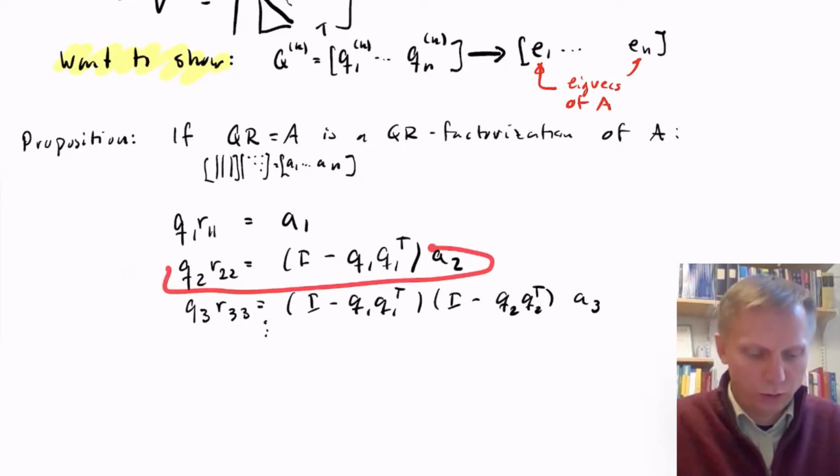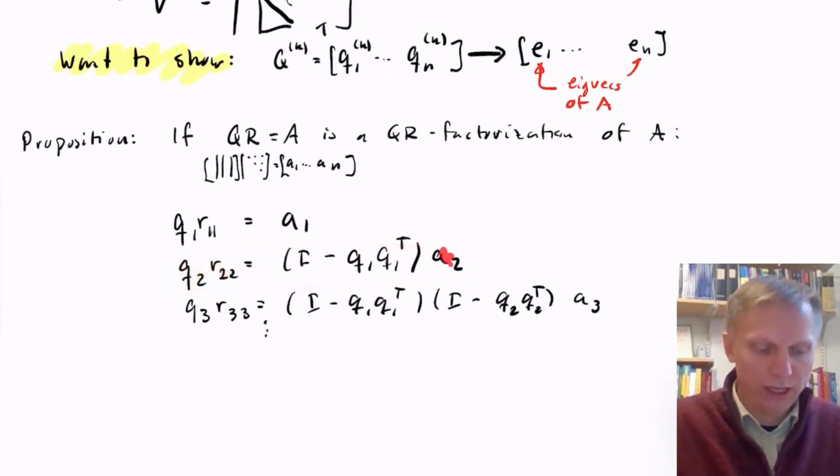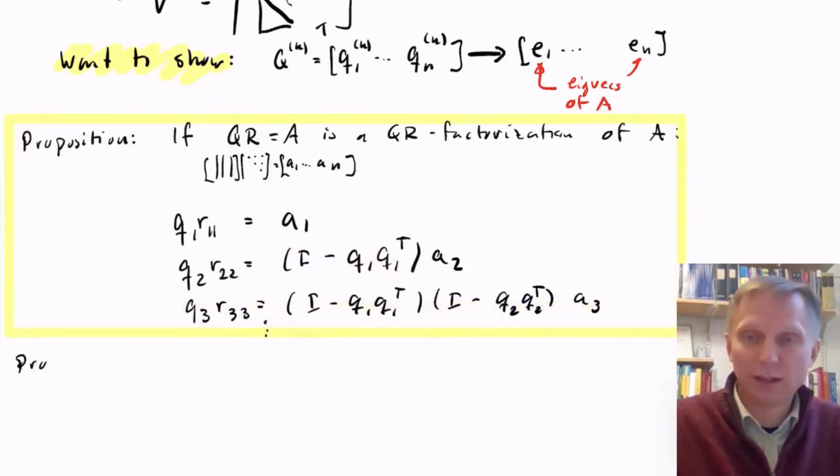We're going to show that Q2 R2 is almost equal to A2, but multiplied by this matrix, sometimes called the spectral projector, containing the vector Q1. So Q2 R2 is essentially equal to A2, but with this multiplication. Let's prove this.